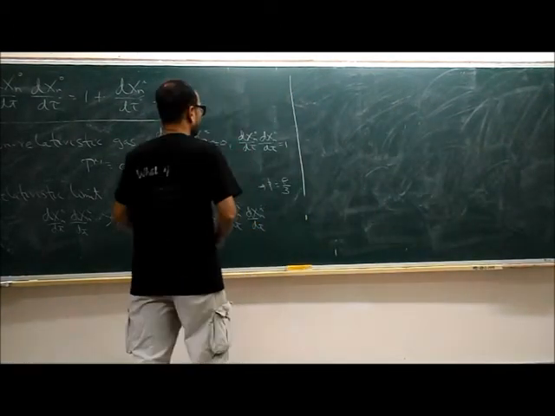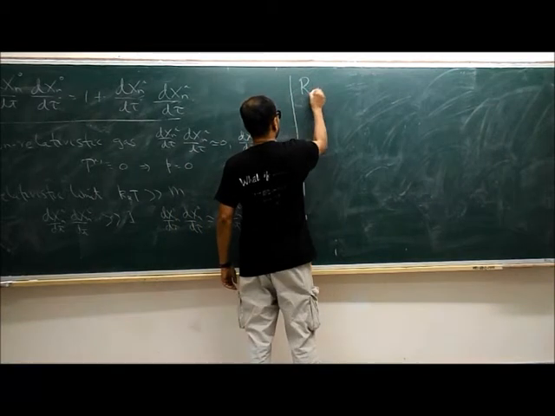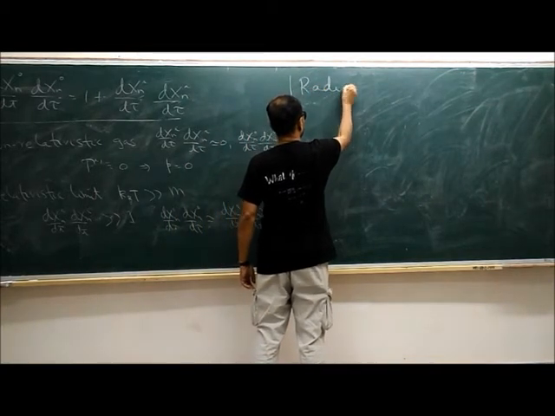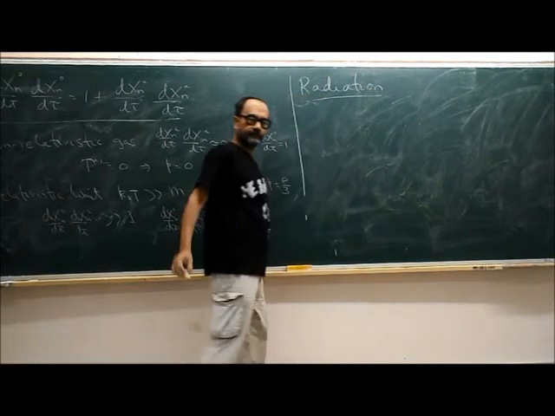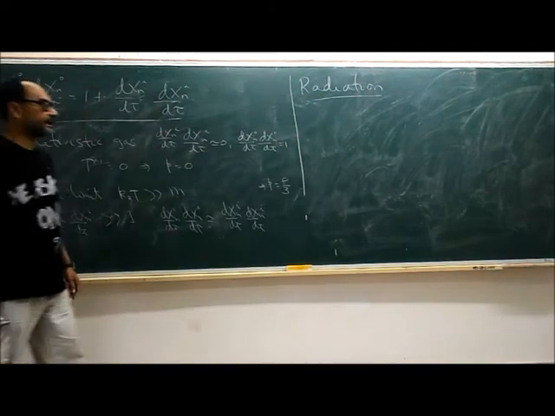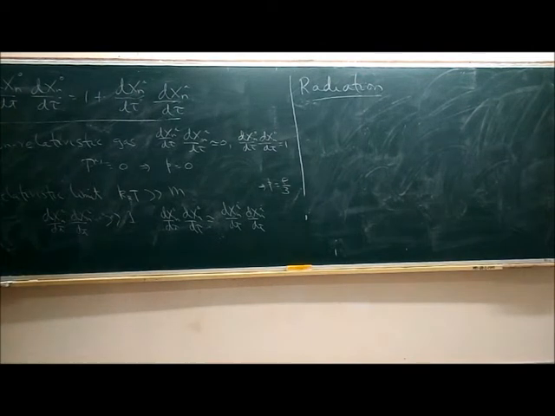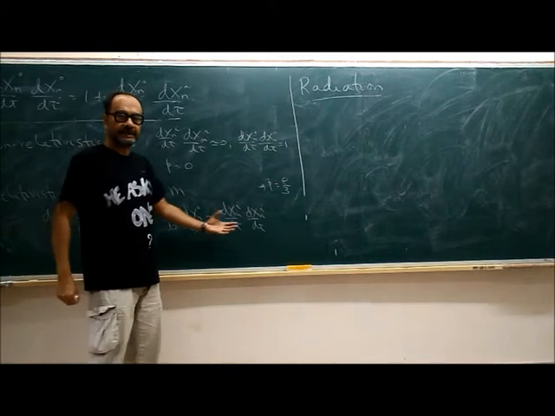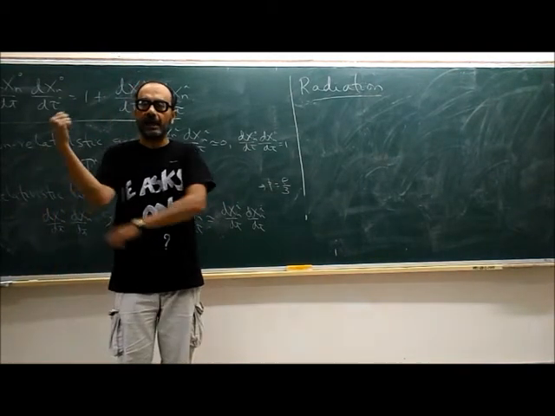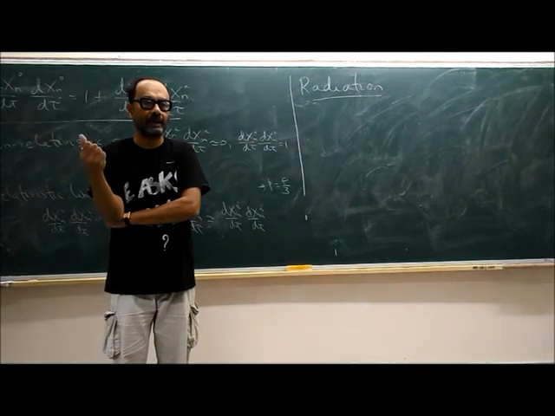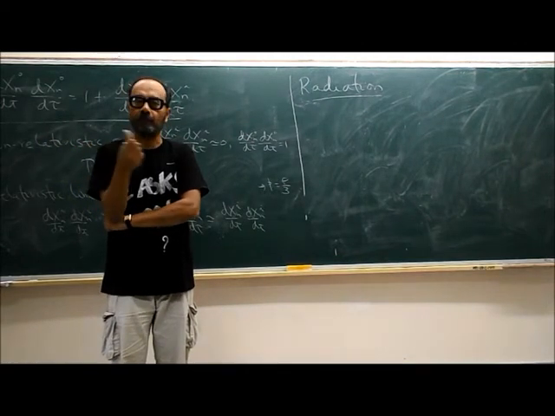Okay. So now let's say a few words about radiation. What is the relationship between P and rho for radiation? We already have two ways. One is by taking the relativistic limit of this problem. The second way is by using thermodynamics. You are familiar from thermodynamics that for radiation P is rho by 3.